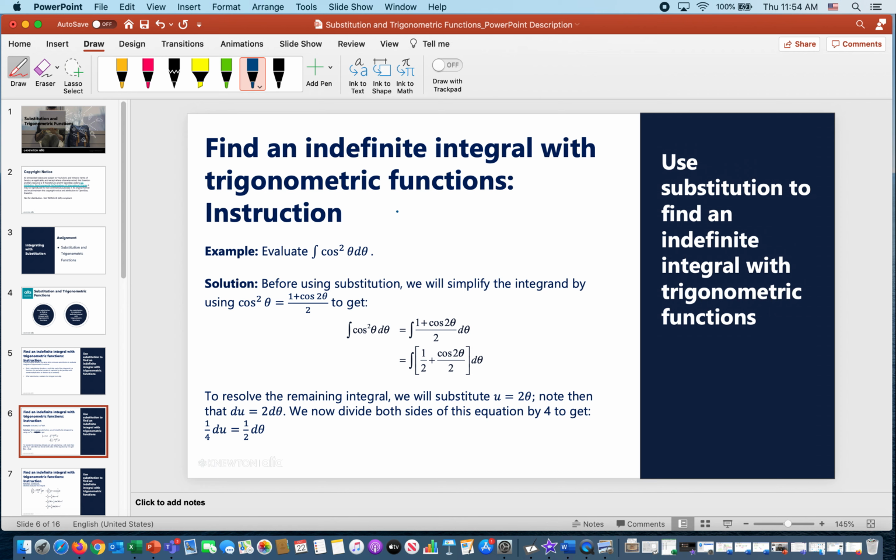So if you use that hint that u should be the thing being raised to a power, then you would have u equal to cosine theta. Well, that implies that du is negative sine theta d theta. And the unfortunate thing is that I don't have a sine anywhere in here, right? So that begs the question, what do I do? Where do I go? One of the things that we want you to do is to use those identities.